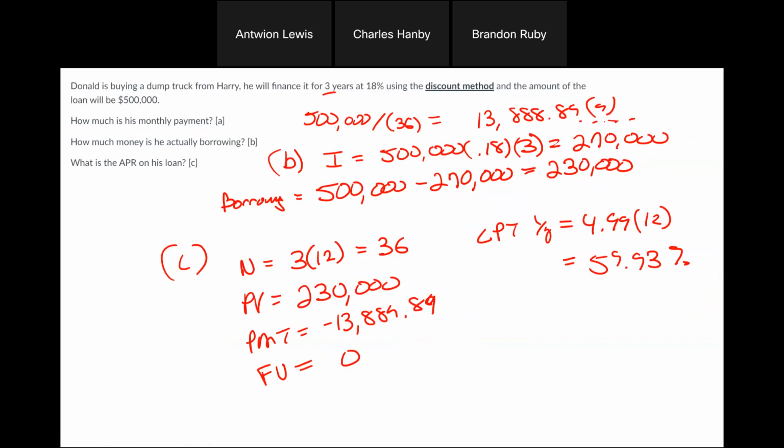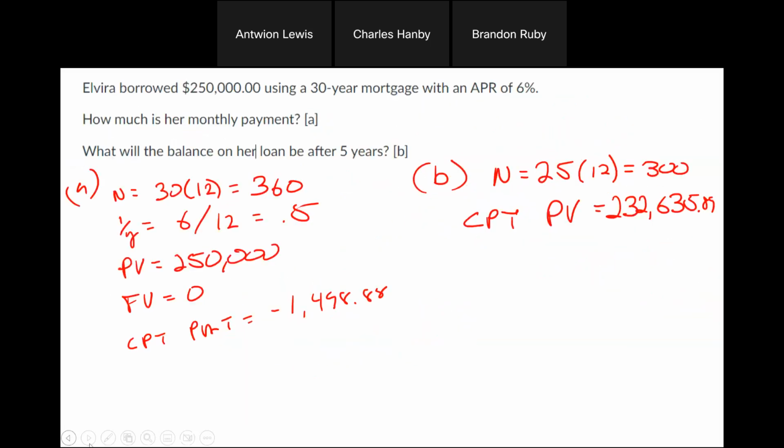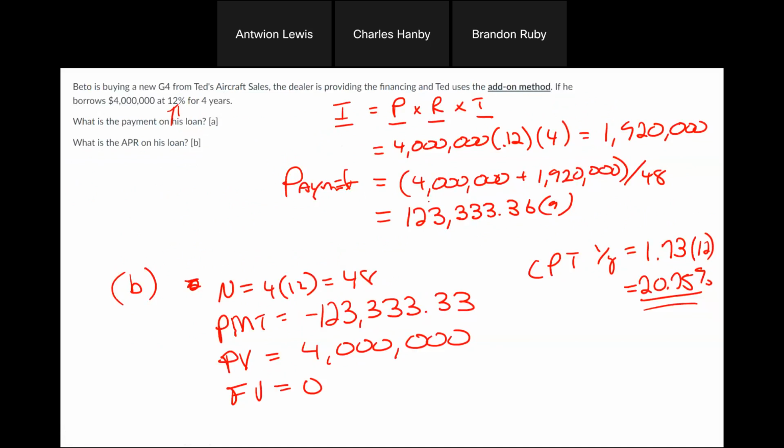Wow. So just thing to remember is discount method, the amount borrowed is you're subtracting out the interest, and then the payments are just the stated principal amount divided by the payments. And then on the add-on method, you're calculating that interest and you're adding it. You add the interest to the principal and then divide by the number of months.